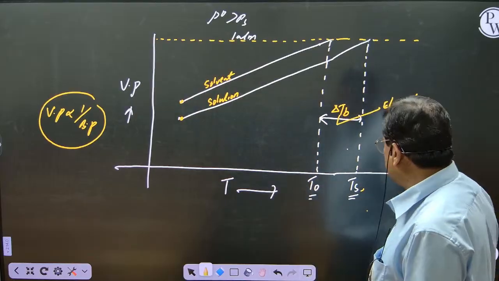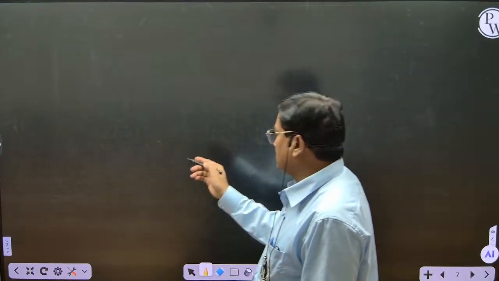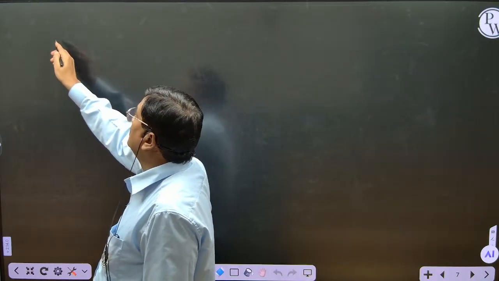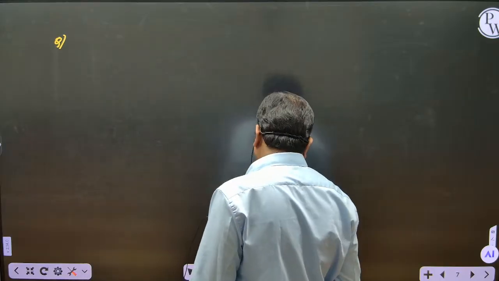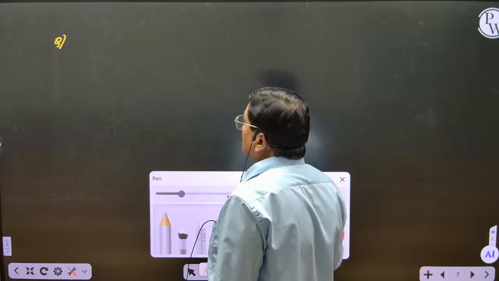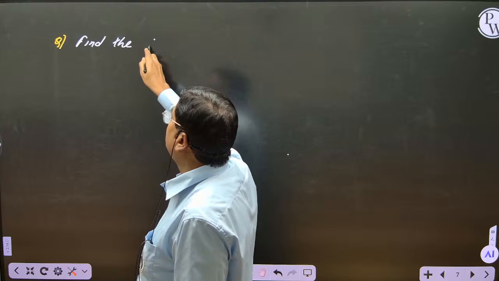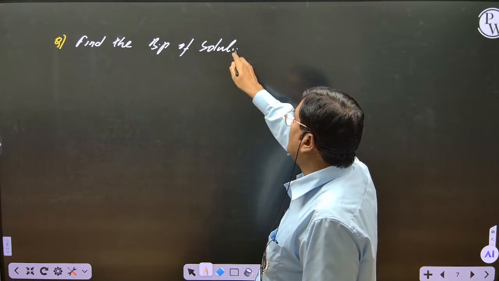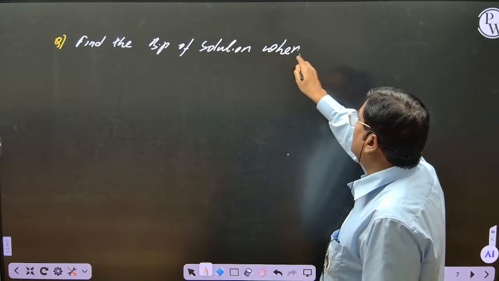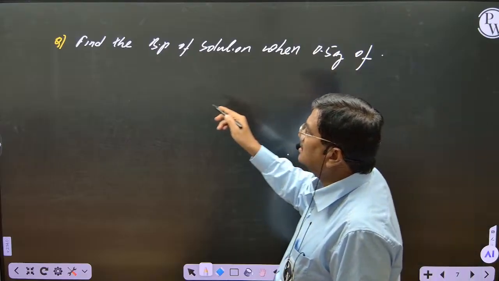Now write one question, one numerical. Find the boiling point of solution when 0.5 grams of urea is dissolved in 500 grams of solvent.